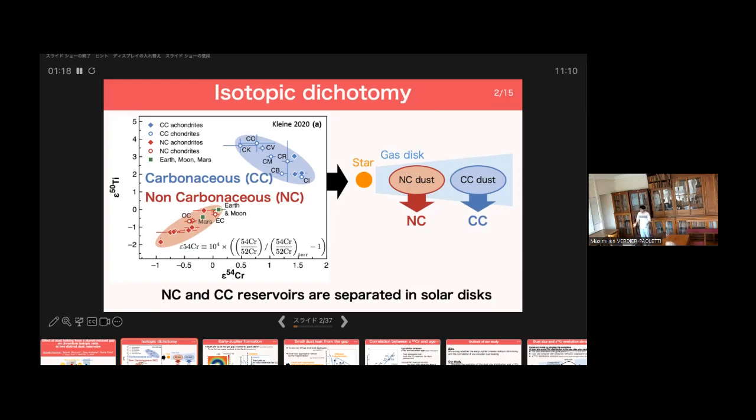So there must be a mechanism to stop the radial drift of dust particles.